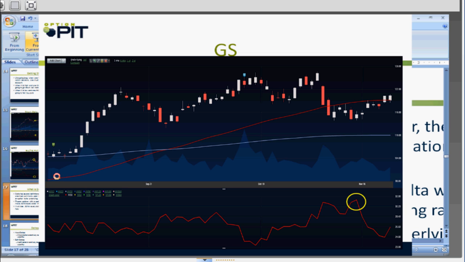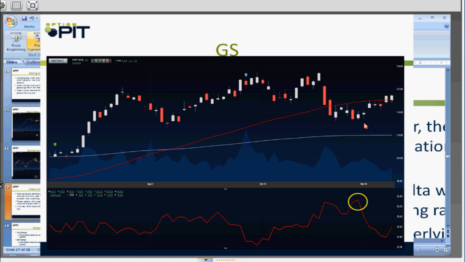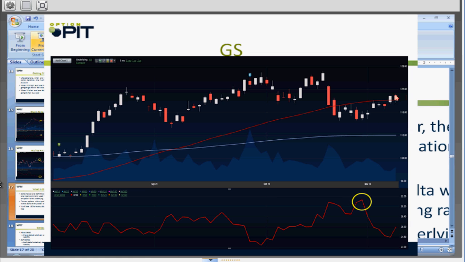So here is Goldman Sachs. You can see they have a plunge in volatility. But the underlying rallies from 115 all the way up to about 122. So we get a nice rally in the stock, but the vol tanks.